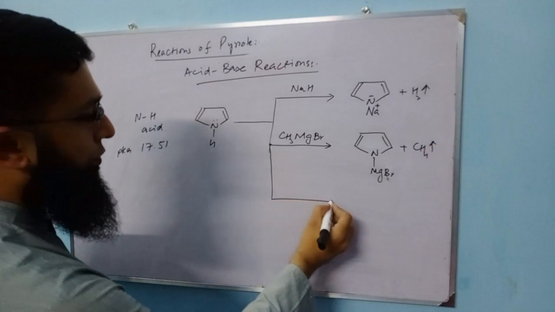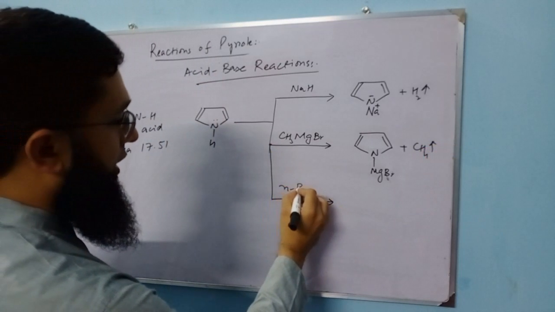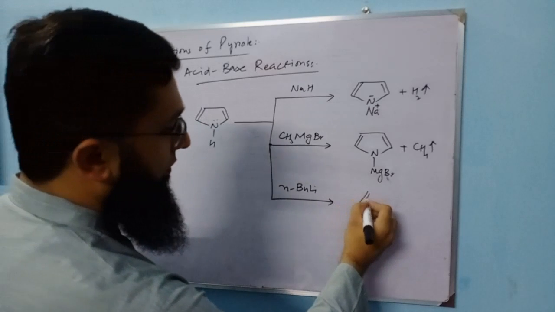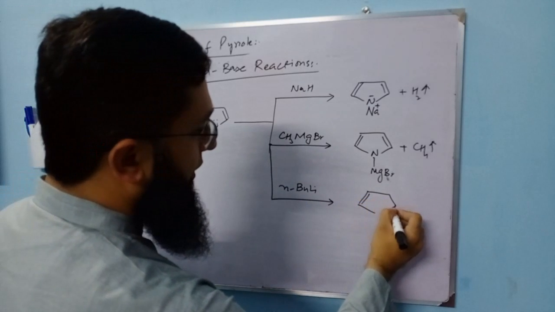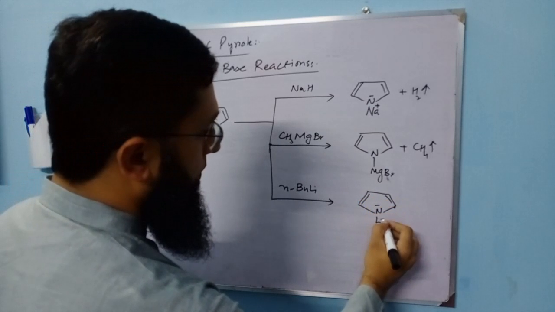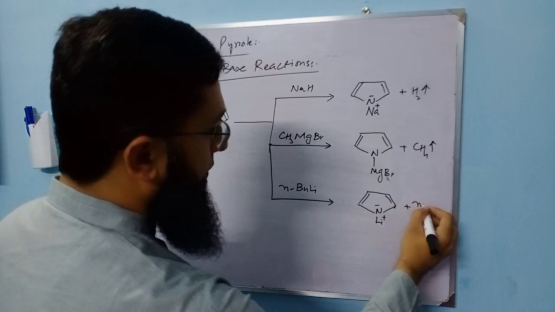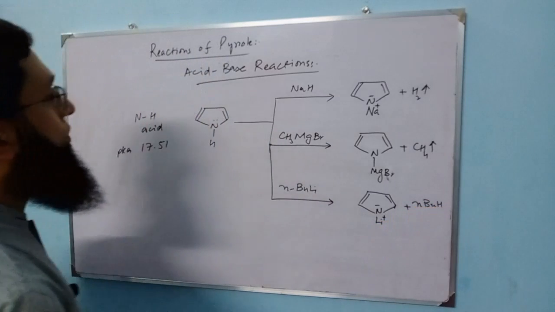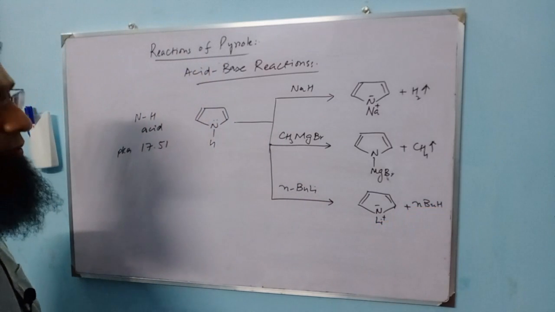And if we use n-butyl lithium as base, we will get lithiated pyrrole plus n-butane. So these were acid-base reactions.